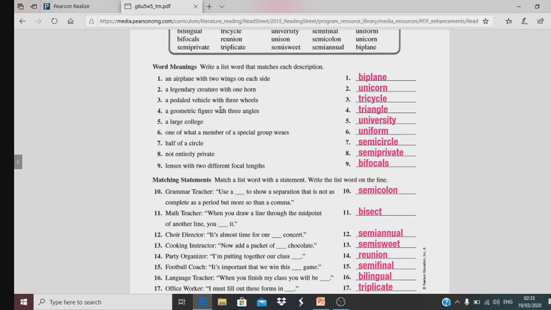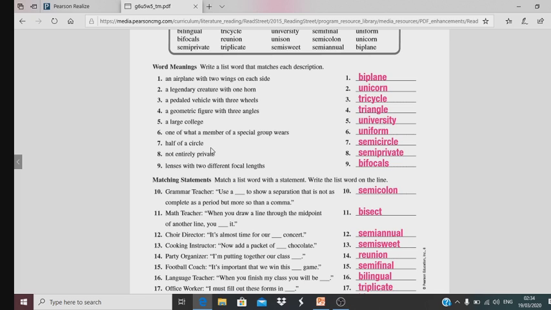A geometric figure with three angles and three sides, we call it triangle. A large college that you have to join after high school is the university. One of what a member of a special group wears? Uniform.